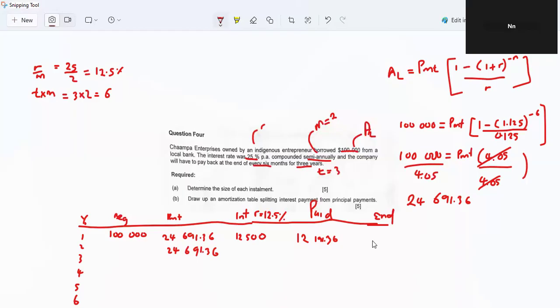100,000 minus 12,191.36 gives 87,808.64. And this becomes the opening balance here: 87,808.64.